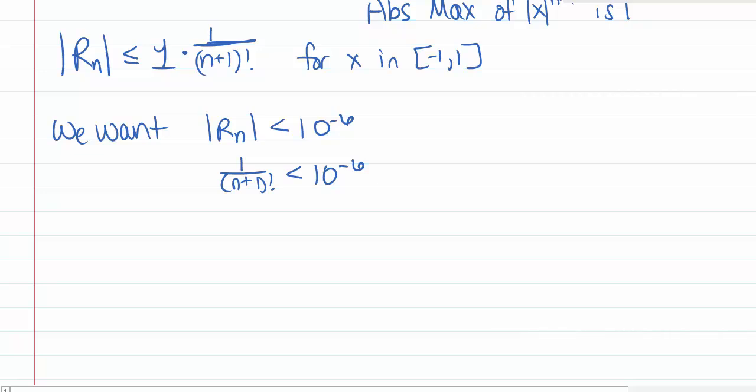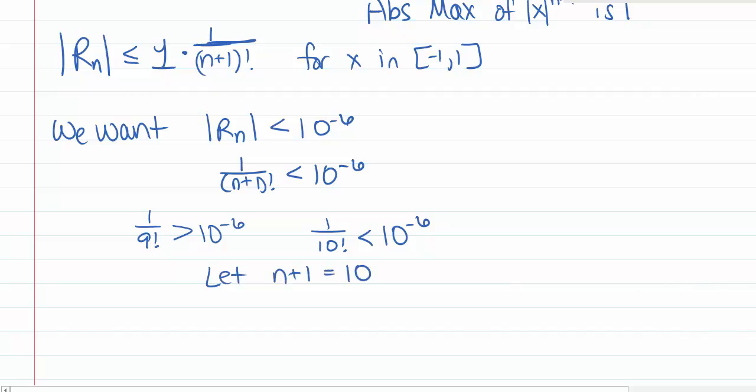So let's plug in a few numbers. If we try 1 over 9 factorial, that one turns out to be bigger than 10 to the negative 6th. But if we try 1 over 10 factorial, that one actually is less than 10 to the negative 6th. So we're going to let n plus 1 equal 10, which tells us that our n is 9.